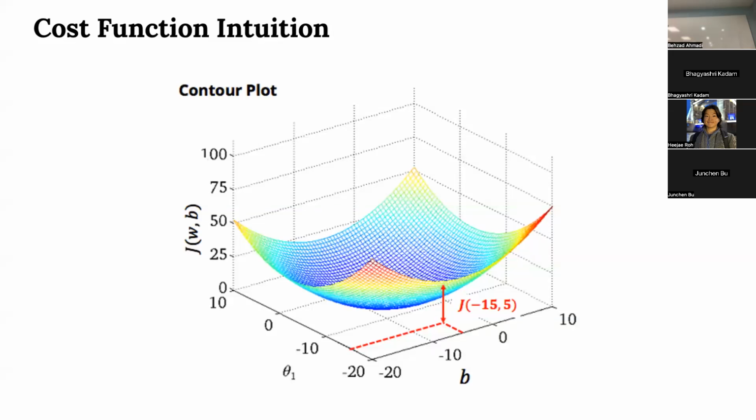Basically, if I tell you to find the minimum of this curve, you have two ways. You either take the differentiation of this, set it equal to 0, give you x equals 0, and boom, you find the optimal point.